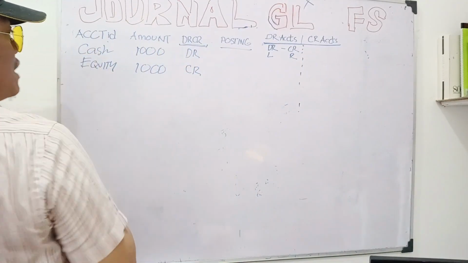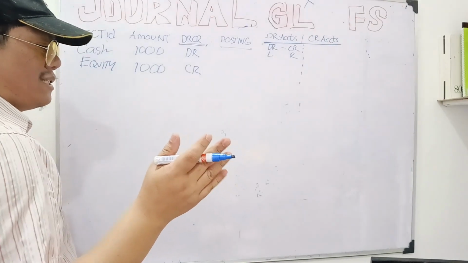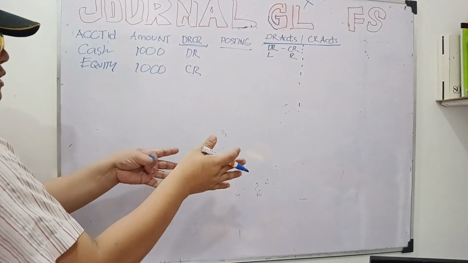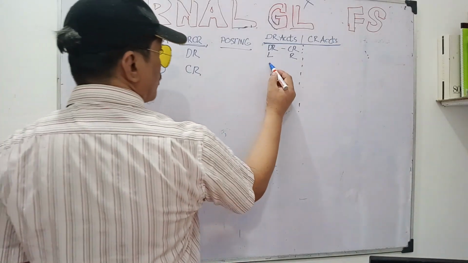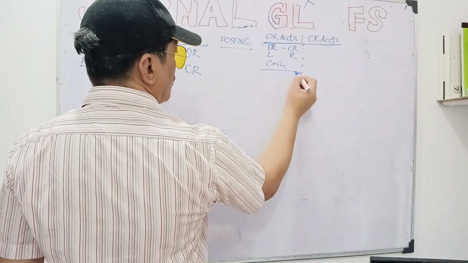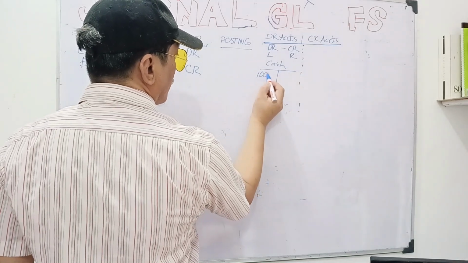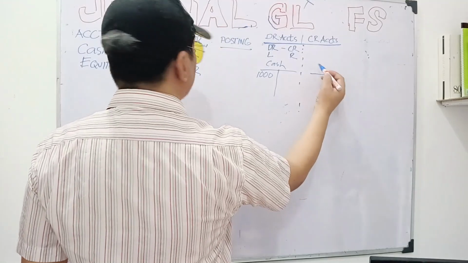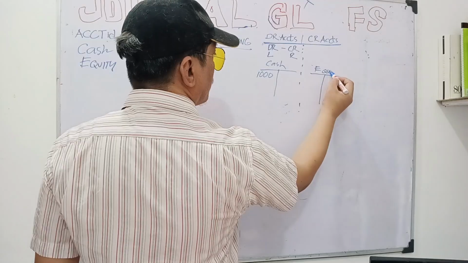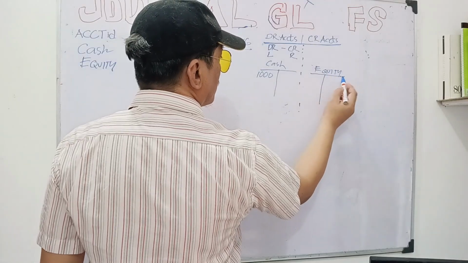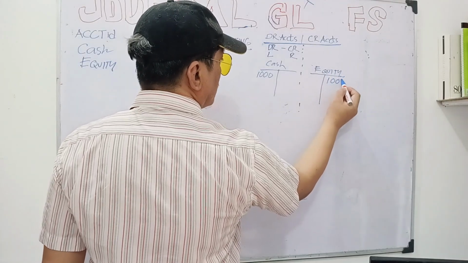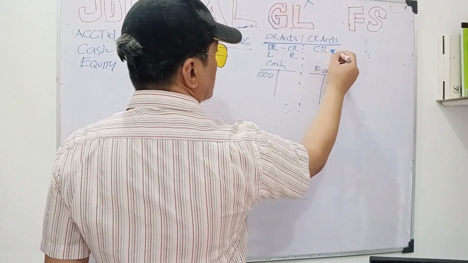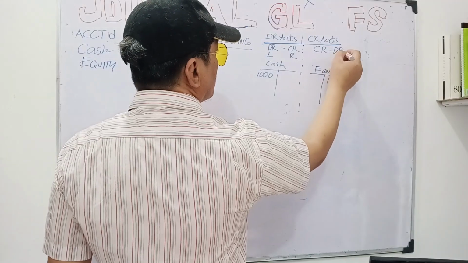So cash is a debit account, which means that its normal balance lives in the debit side. So cash now is increased by 1,000. Meanwhile, the equity is a credit account and therefore it is also increased by 1,000, but it lives in the credit side. So for the credit accounts, it's credit minus debit.